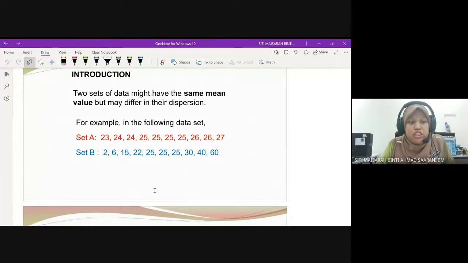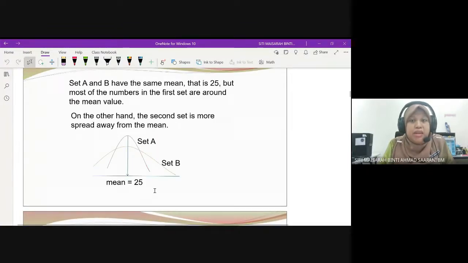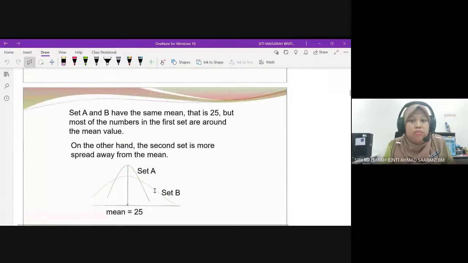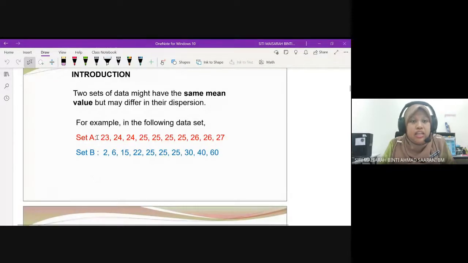Alright. Let's say we have a two set of data might have the same mean value, but may differ in their dispersion. So let's say the set A and set B ni, we have the same mean, which is the mean is equal to 25. But most of the number in the first set are around the mean value. You can see the set A, the mean is 25, and the data is around the mean 23, 24, 25, 26, 27, and so on.